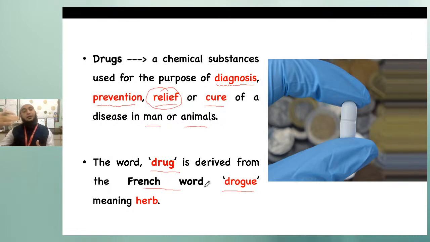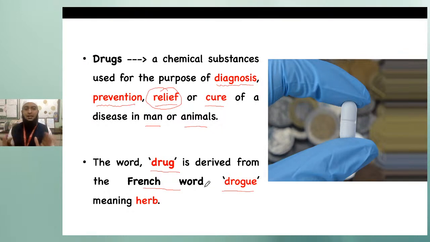The earlier people used herbs for the treatment of a particular disease, and since they were used for treatment, those herbs were called drugs. That is the reason the term drug is taken from the French word drogue, which is used especially for herbs used for healing purposes.